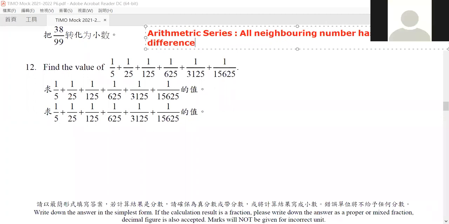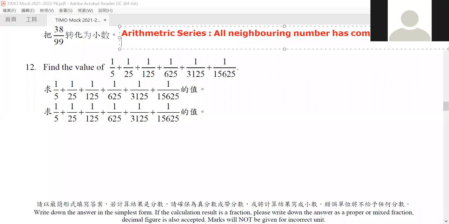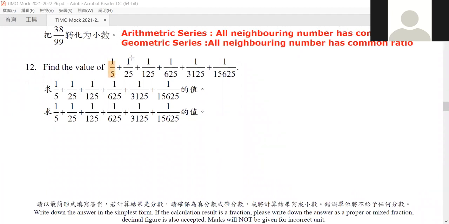But in this question, instead of an arithmetic series, we will focus on something called a geometric series. A geometric series is just like an arithmetic series, again with neighboring numbers, but instead of a common difference, they have a common ratio. You can see that 1/5 and 1/25, the denominator is just 5 times the previous one.